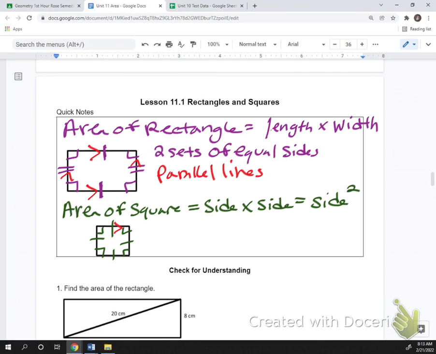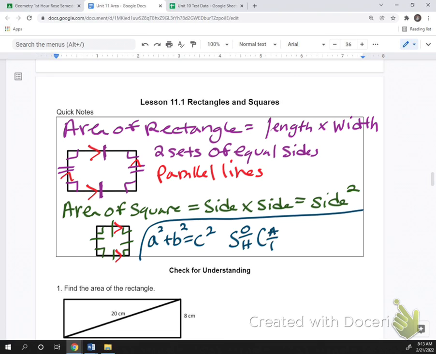All that stuff. A little side note, we used some trig today. You can use Pythag theorem to solve for a side if you're trying to find the area. You can use your right triangle trig if you know some angle and you know the hypotenuse. So you cannot forget what we learned in Unit 9. And that's our quick notes for today.